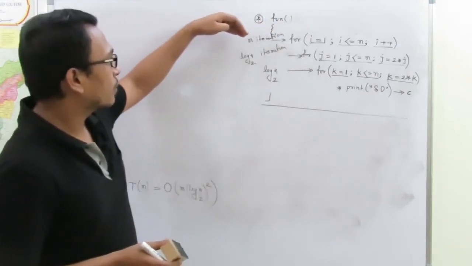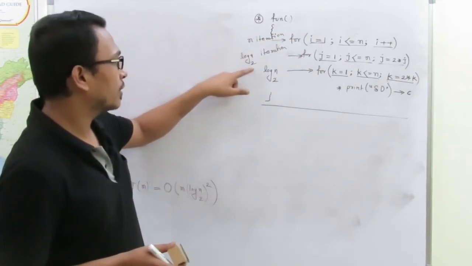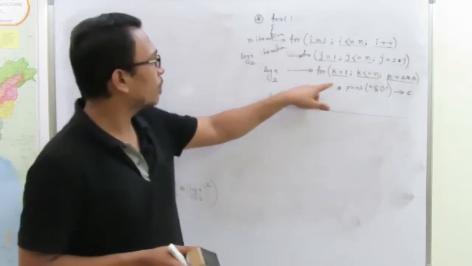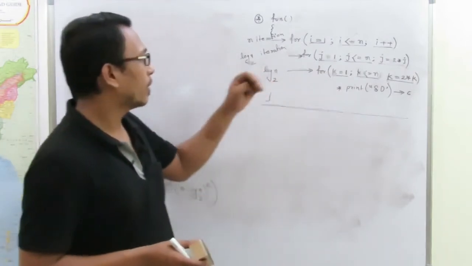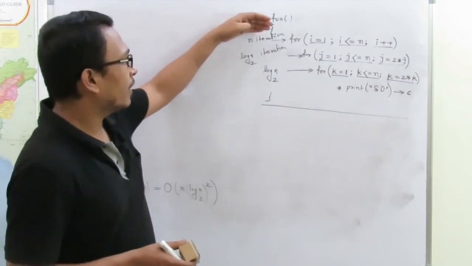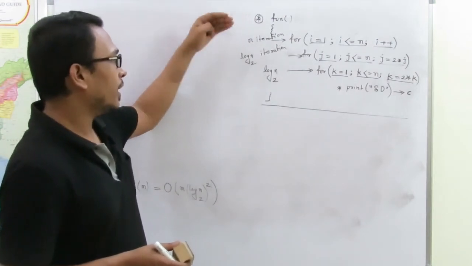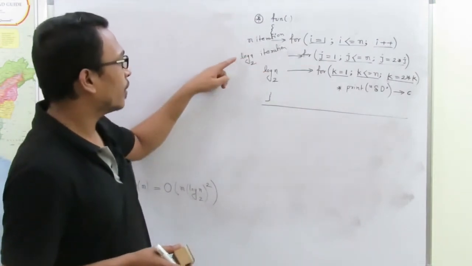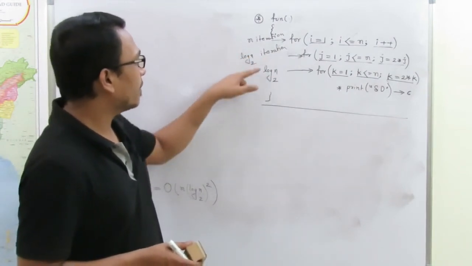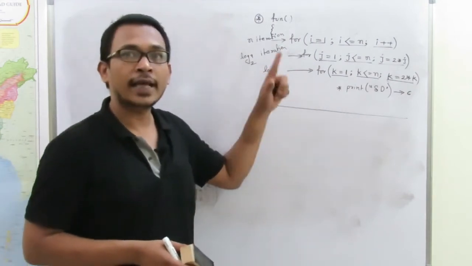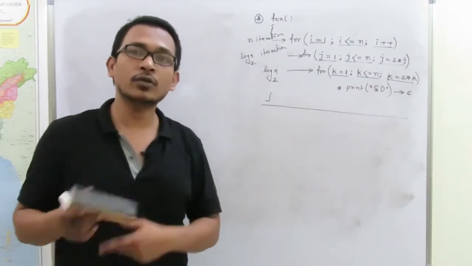The outermost loop will execute for n iterations, and for each of these iterations the j loop will execute for log n base 2 iterations, and for each of these the k loop will execute for log n base 2 iterations.